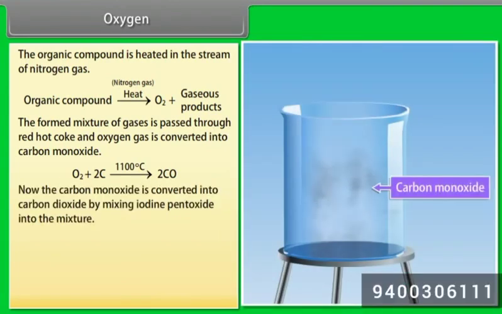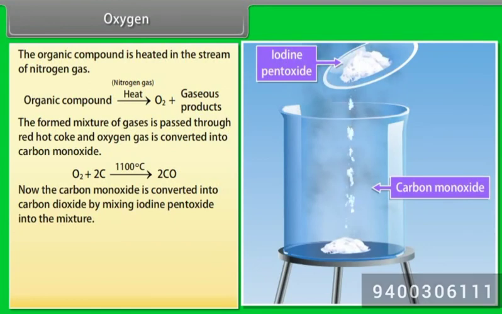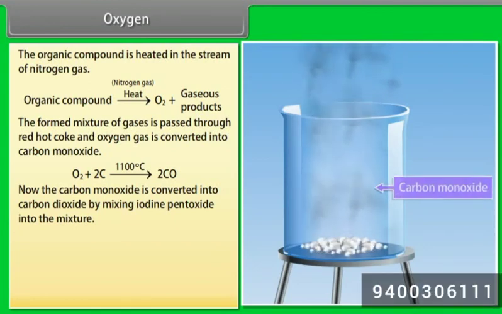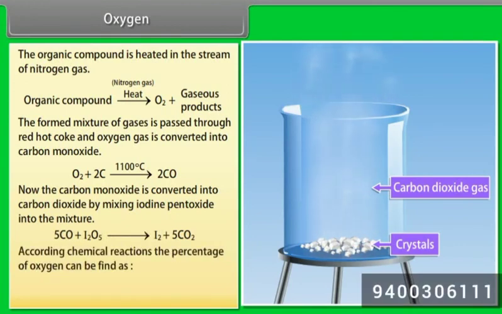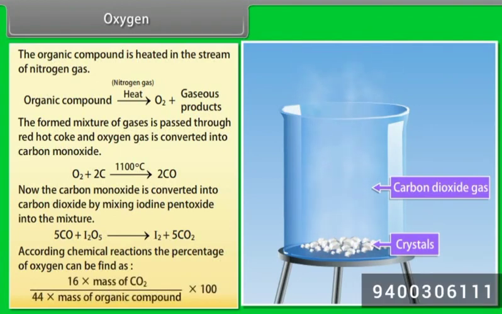Now the carbon monoxide is converted into carbon dioxide by mixing iodine pentoxide into the mixture. According to chemical reactions, the percentage of oxygen can be found as 16 × mass of carbon dioxide / 44 × mass of organic compound × 100.